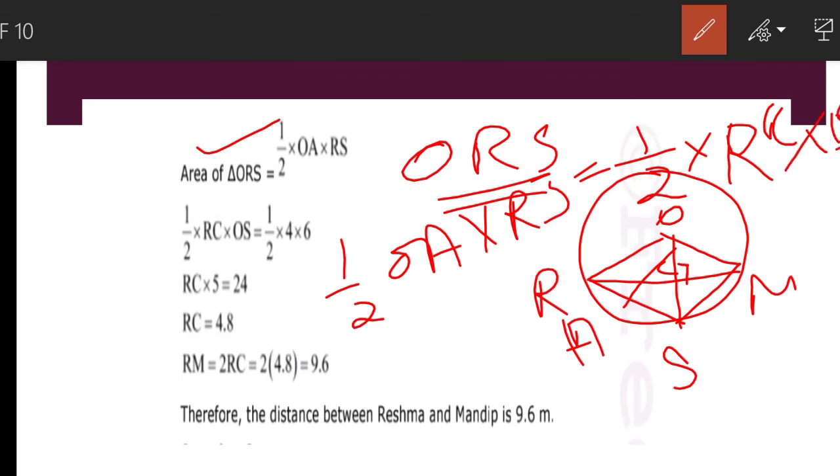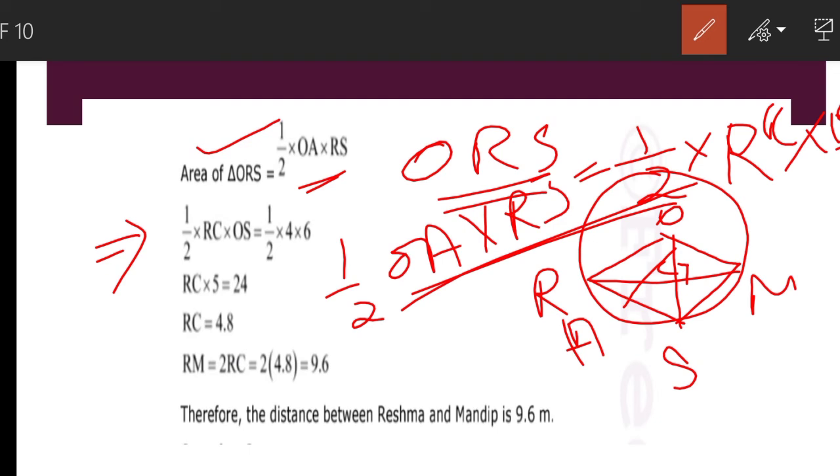They will form the same area for the same triangle. So using this one we can equate it out. First the area using the perpendicular OA is given, and next we have equated it with half the area where the perpendicular is RC and the base is OS.